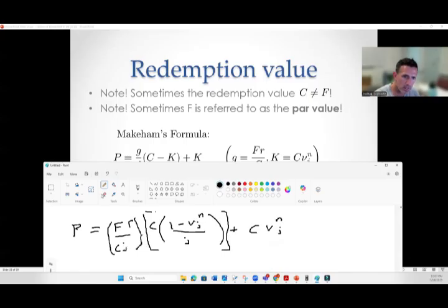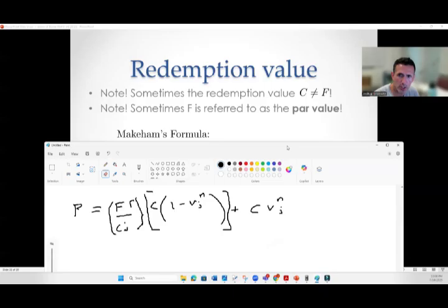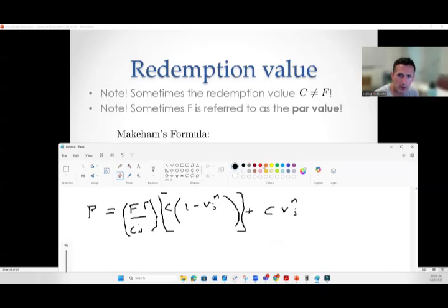Not doing a whole lot, literally moving it, still in the denominator. So what is this? Well, remember G is FR over C.